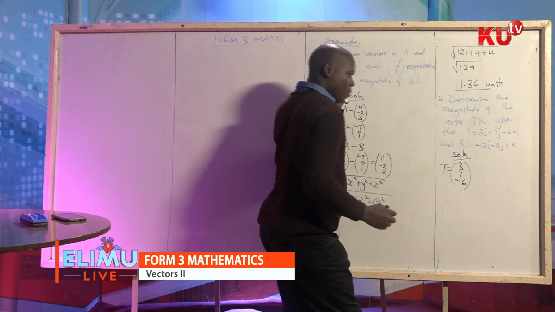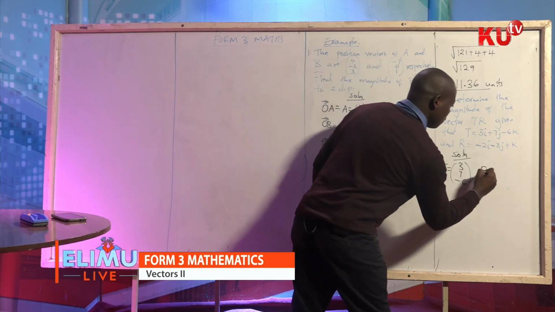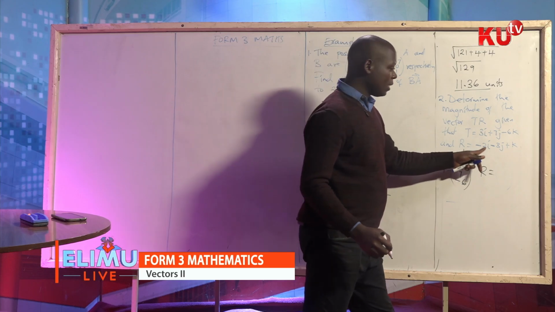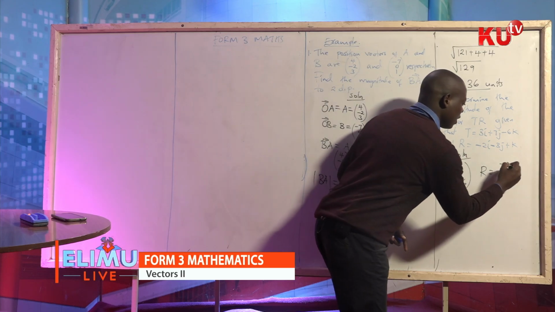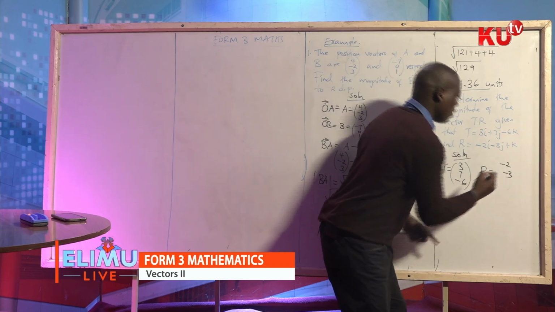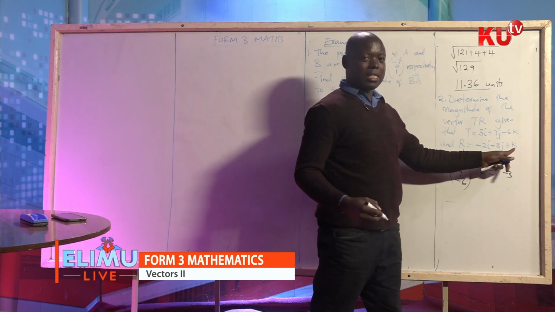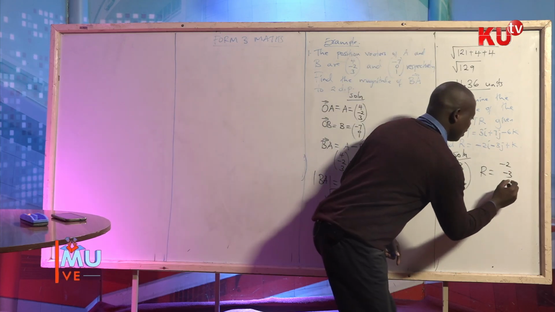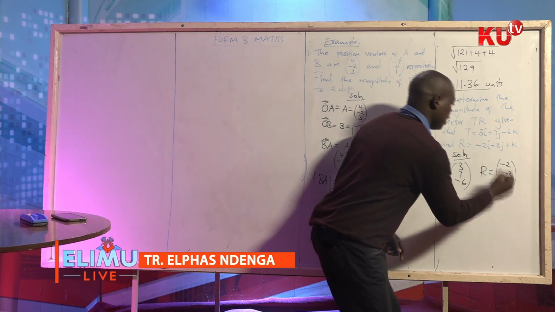What is R? Again, from these coefficients, R will be negative 2, next negative 3 below it. What about this? This is K. What do we write? That is 1. It's like saying 1K, therefore write just 1.